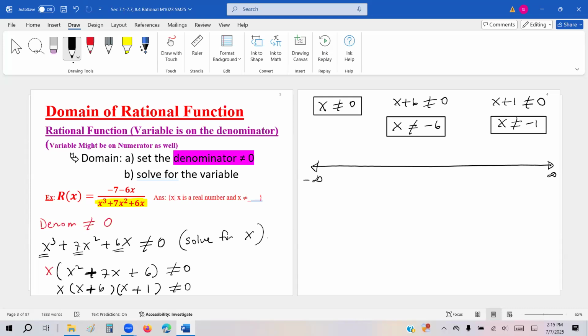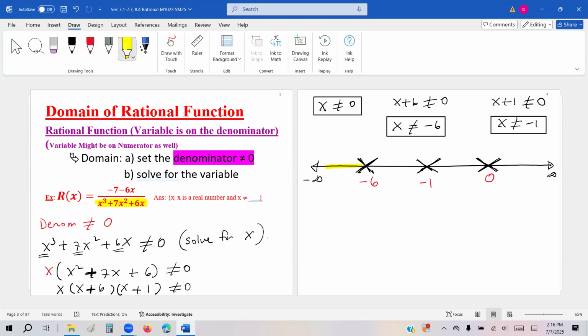You can take any number from the number line, plug it here, except 3 numbers. What's the first number? The smallest one. -6 is the smallest one. And what's the next number? And then we have 0. So only these three numbers we cannot plug in, but we can plug in everything else.